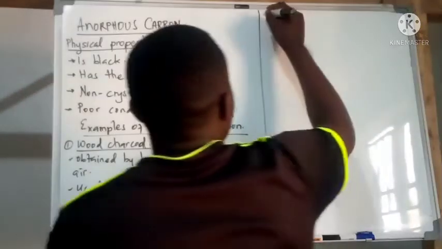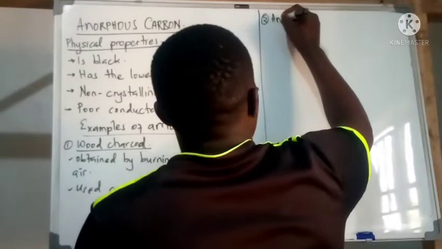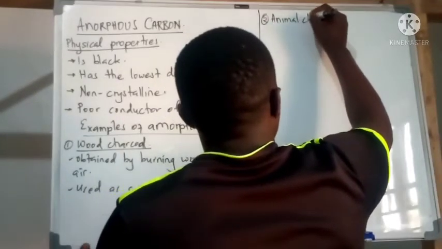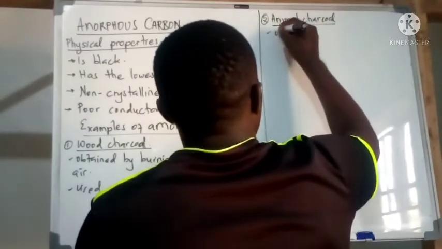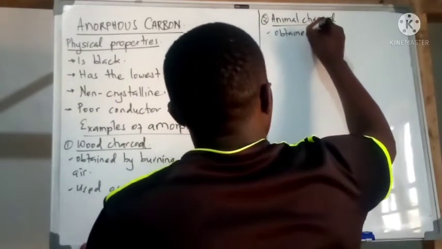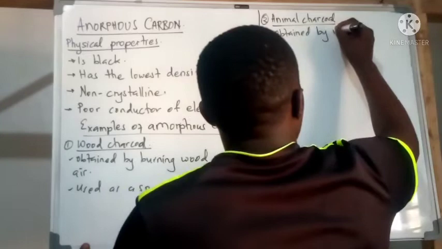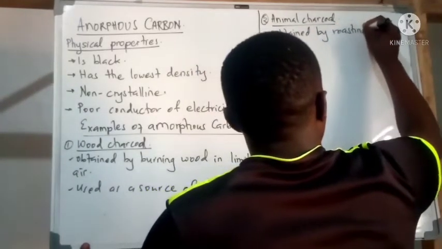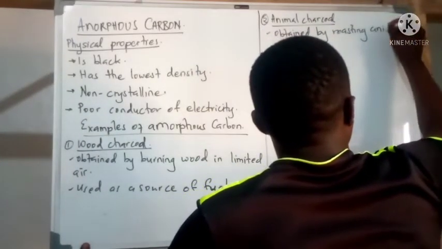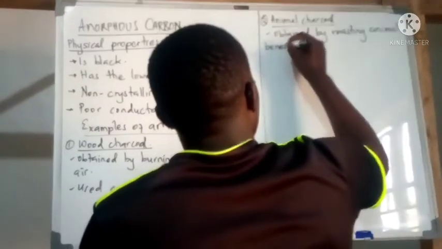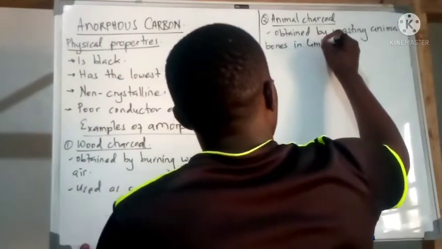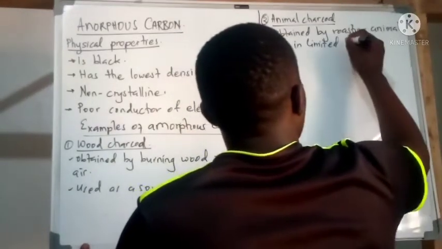Number two is animal charcoal. It is obtained by roasting animal bones in limited air.